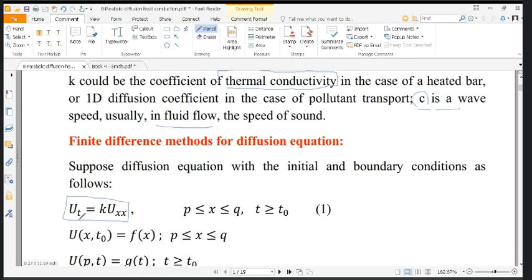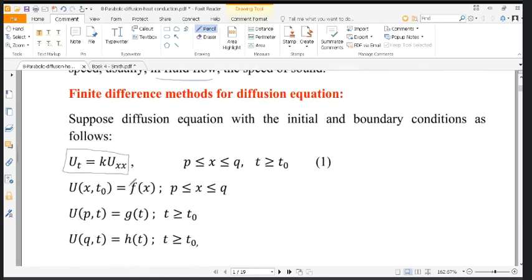Ut is equal to Kuxx. The domain of this problem is x from P until Q, and T bigger than T0. Be careful.